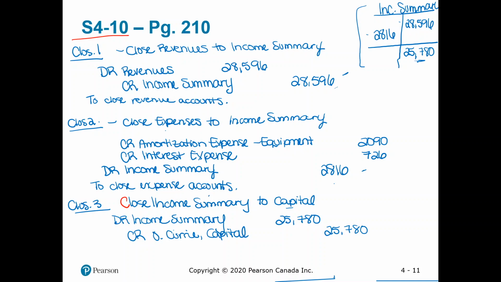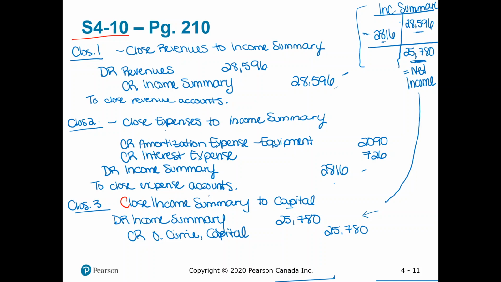We closed our expenses, and the total of those were $28,616. So because our revenue is more than our expenses, we're left with this credit balance in income summary. And we know that when you have more revenues than expenses, it's equal to your net income. So this balance that we're now closing to the capital account, that is our net income balance. So we close that down here.